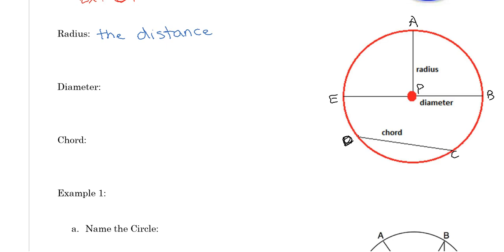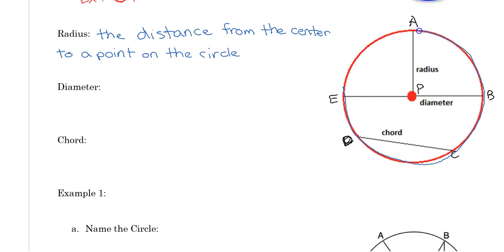The distance from the center of a circle to a point on the circle. And what I mean by on the circle is this is the only place where the circle is. You can be on the circle, inside the circle, or outside the circle. On the circle is on the actual line or curve that makes up that circle.